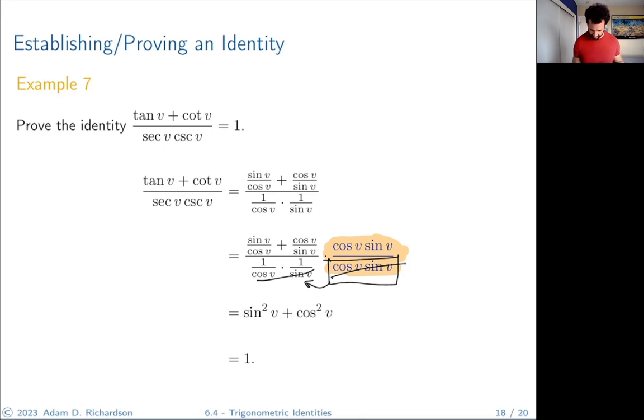So, voila, we have sine squared v plus cosine squared v, and that is the Pythagorean identity. So we can just jump right to the end. We can write it as 1, and we are done. We have now established the identity, started over here and arrived there. And that's how you do it.